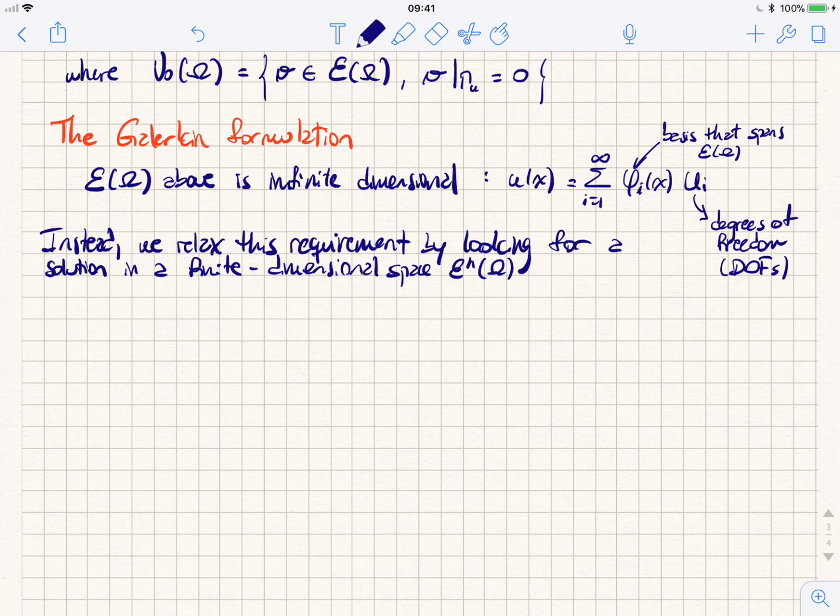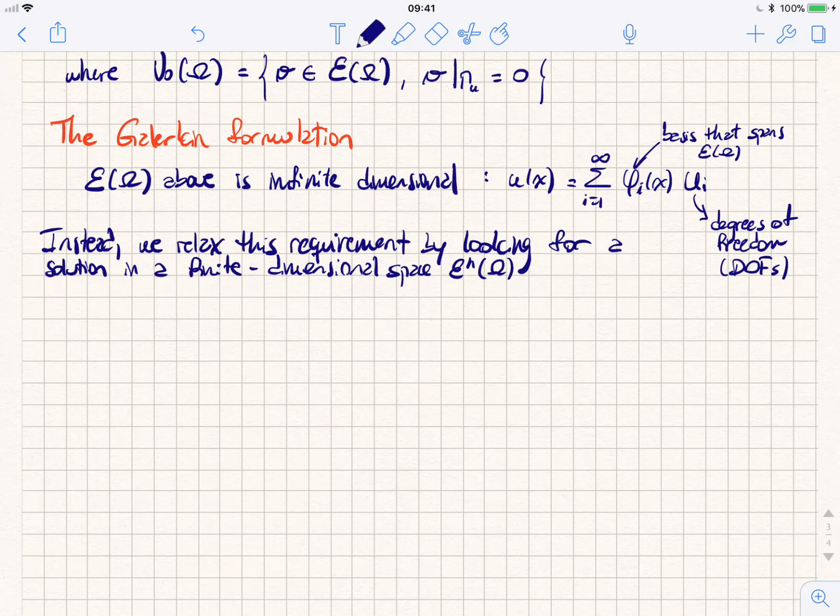Yeah? With this requirement, do you mean that E is infinite dimensional or the number of its basis functions? So you have an infinite number of basis functions. So of course, you would expect that if you're spanning a space with an infinite number of functions or different types of functions, then you would find your exact solution there, right?